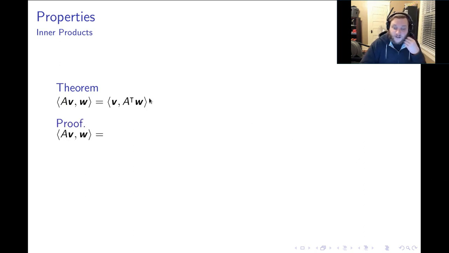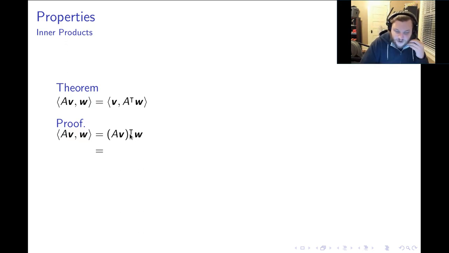What we're trying to do here is start with the inner product of A times V with the vector W. According to the matrix multiplication formula for inner products, this is the same thing as the vector on the left transposed, so that's A times V quantity transpose, multiplied by the vector W. And remember, transposition is order reversing.